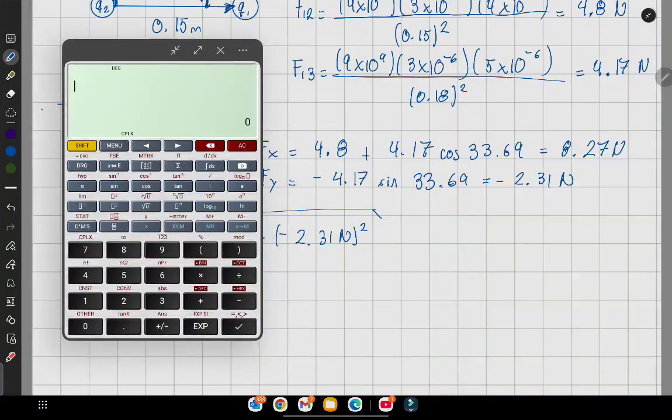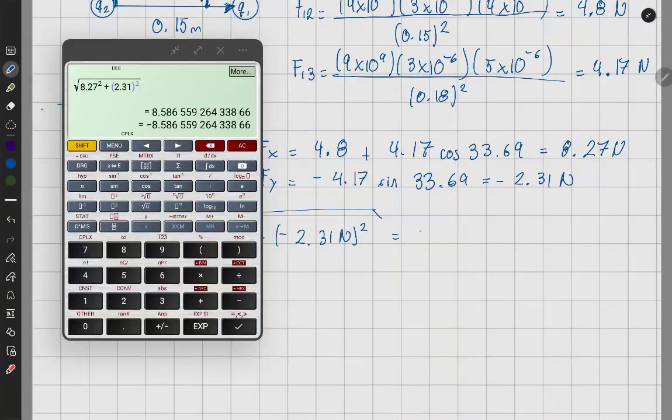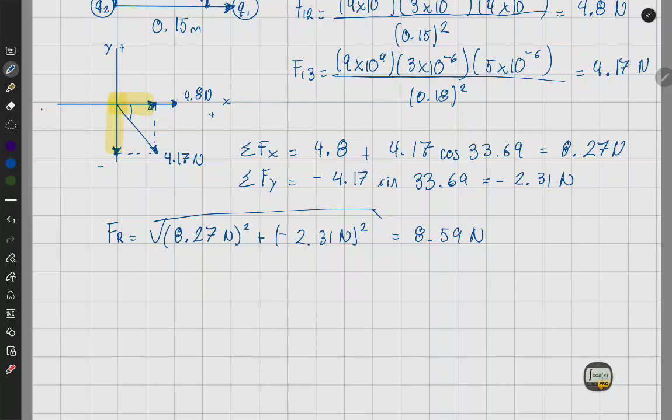So the square root of 8.27 squared plus 2.31 squared. I'm only thinking here of the sign, because negative times negative is positive. So the result is equal to 8.59. So that's the net force in here.